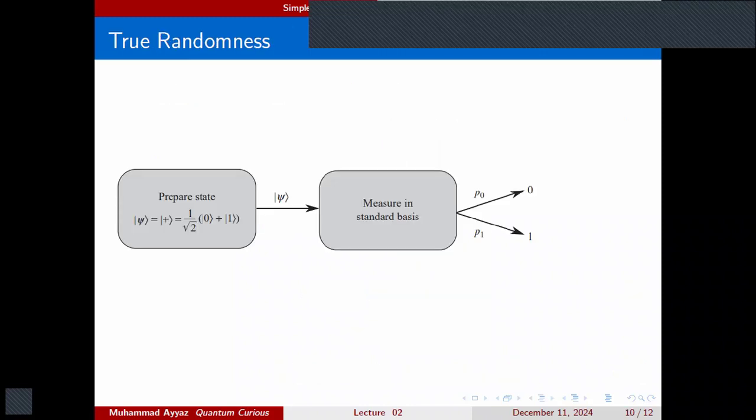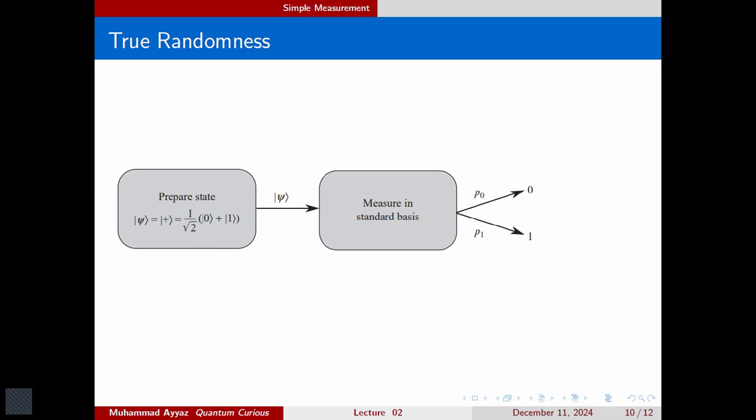There is a wonderful application of measurement. We know that we could build computers and draw randomness from them. This randomness is usually very helpful in applications like games. But there is a notion that the randomness derived from these computers is not true randomness, as it is based on algorithms.